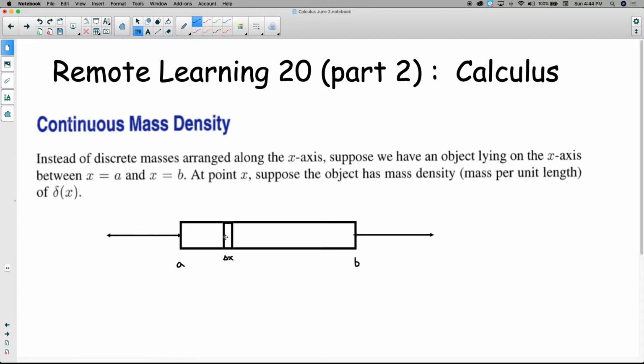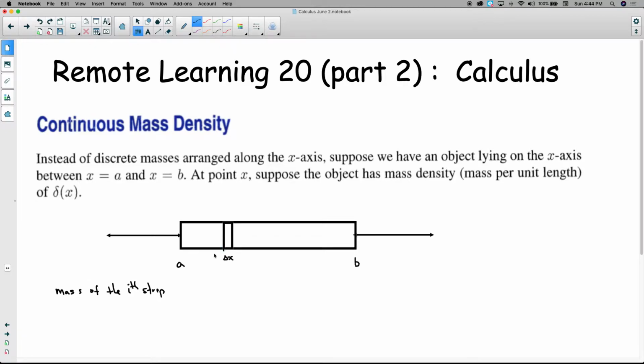All right, so let's get to thinking about the mass of just one strip. So the mass of the ith strip, then you could think about that as the one that I've drawn.